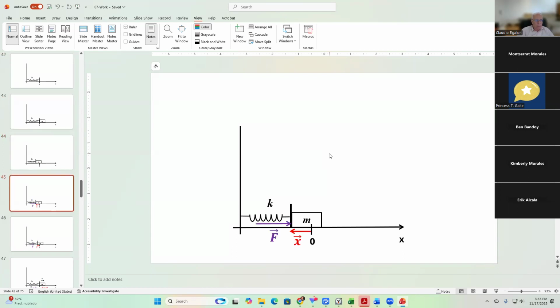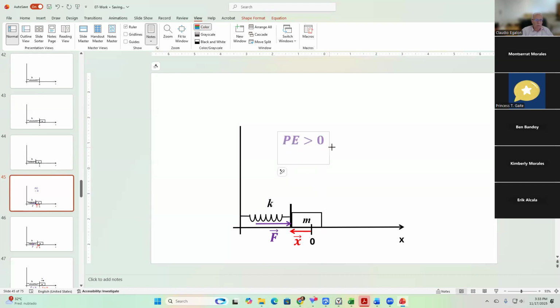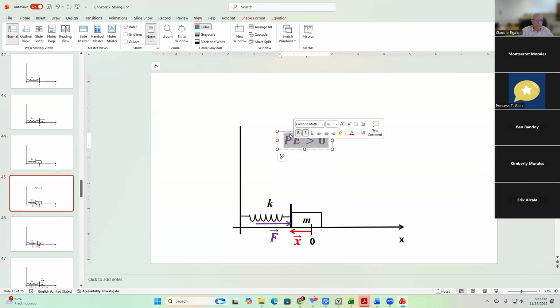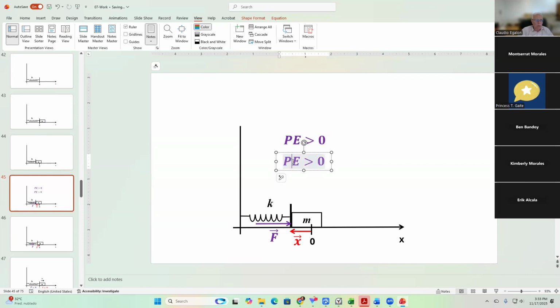I'm going to write that down here. Initial potential energy is greater than 0, elastic potential energy. And I can also write down that the kinetic energy is equal to 0 because the mass is still at rest.